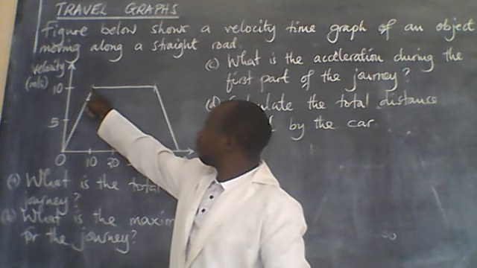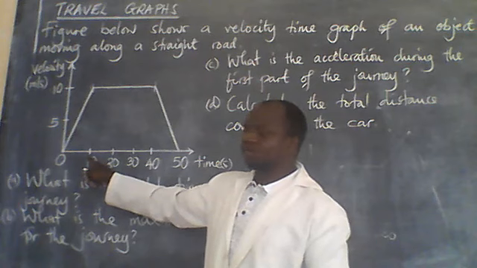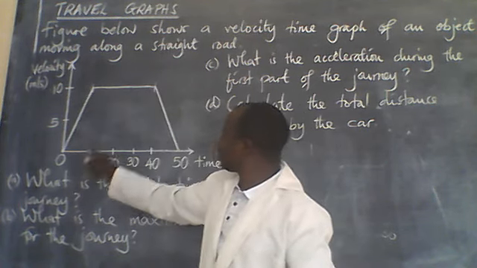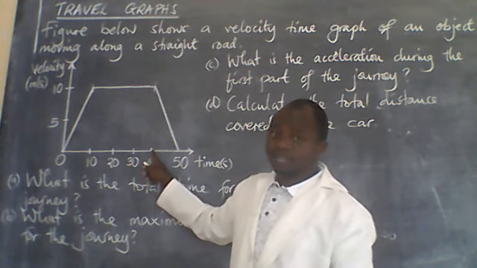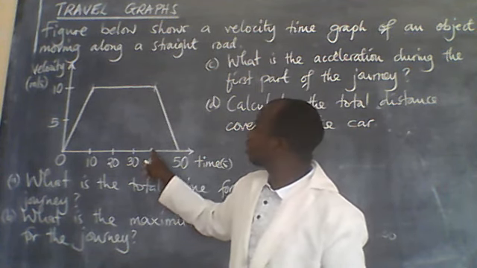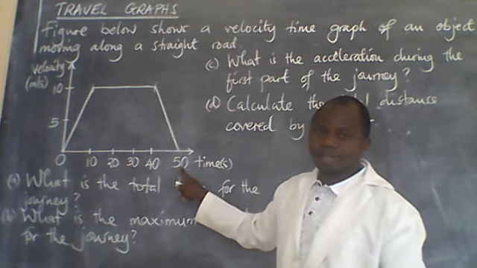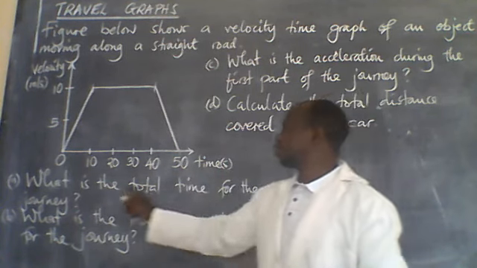At this point, this person decided to rest when it was 10 minutes. The person rested for how long? From 10 went to 40, so meaning the person rested for 30 seconds, then it came to rest here after this 50.